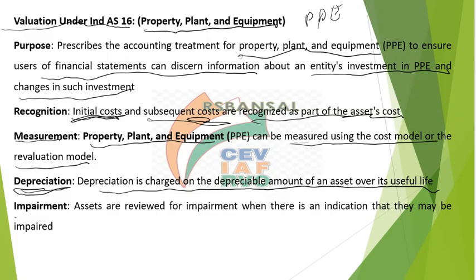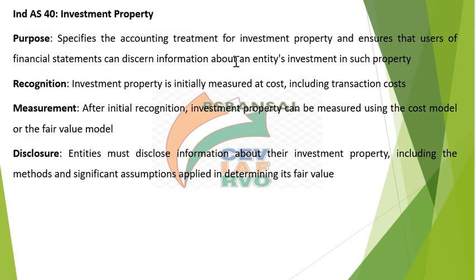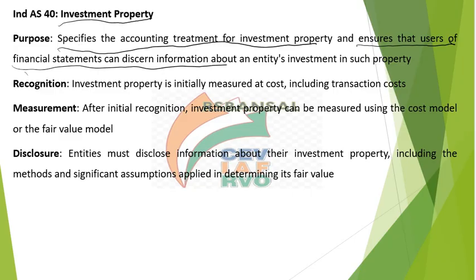So impairment we have already discussed. Assets are reviewed for impairment when there is an indication that they may be impaired. Next is Indian Accounting Standard 40. It deals with investment property. The purpose here is to specify the accounting treatment for investment property and ensure that users of the financial statements can discern the information about the entity's investment in such property.